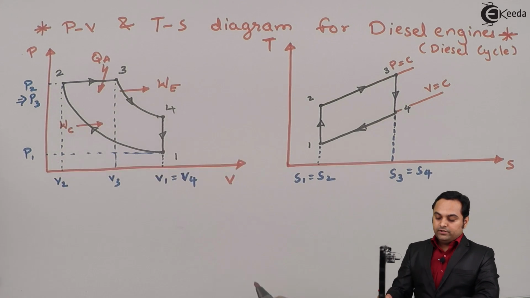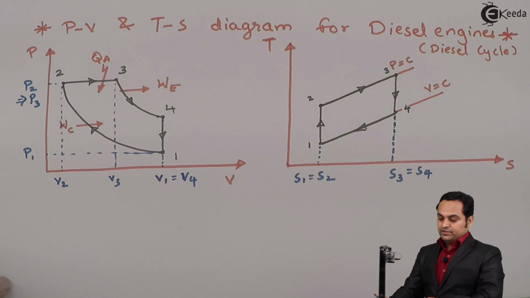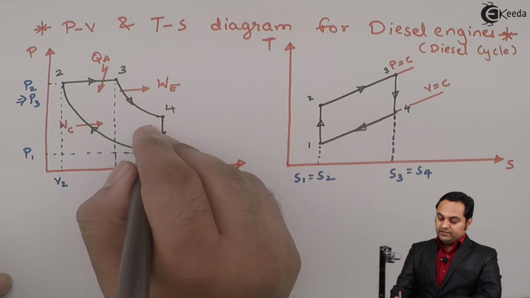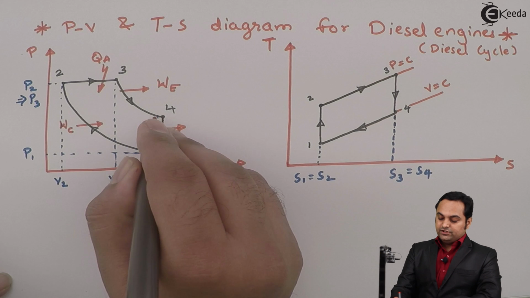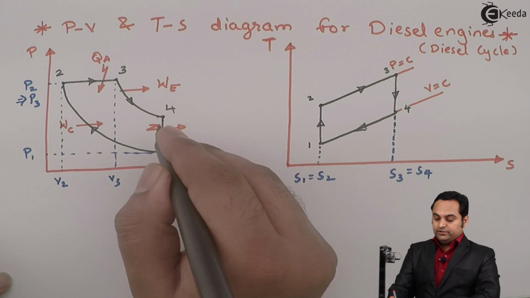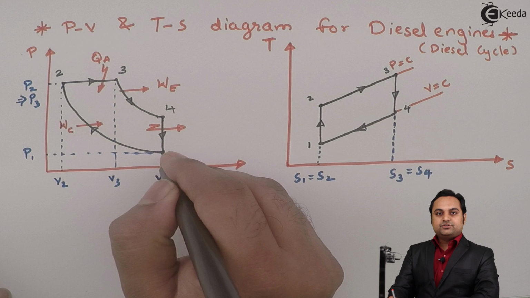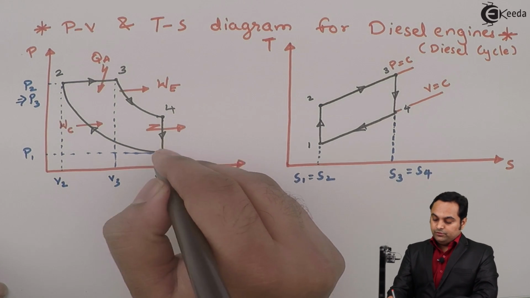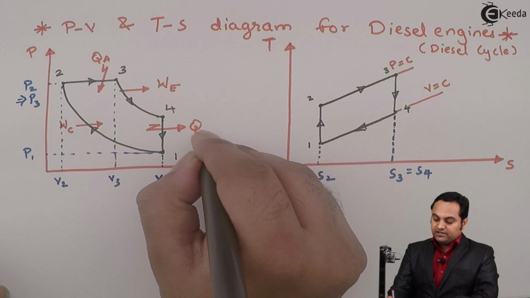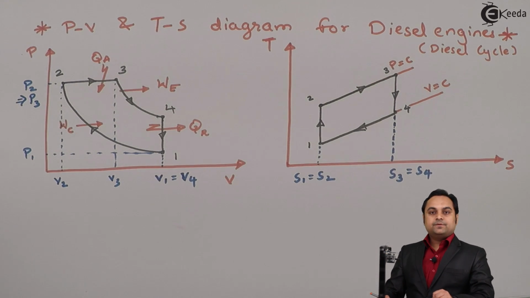Next, from 4 to 1 there is a heat rejection process, after the work has been produced from 3 to 4, at constant volume. So here I have Q suffix R as the heat rejection.